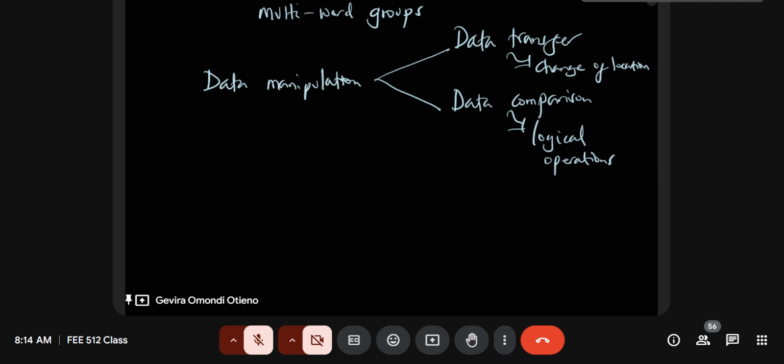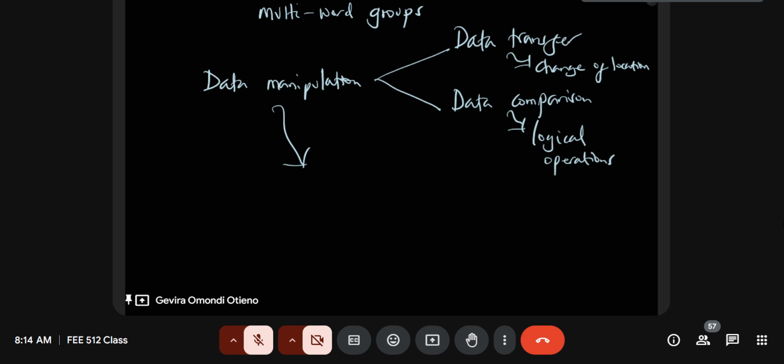Now, because we are doing manipulation of data through these PLC instructions, there is a key thing that involves data manipulation. When we say we are manipulating, there's got to be a location in which we do the manipulation.